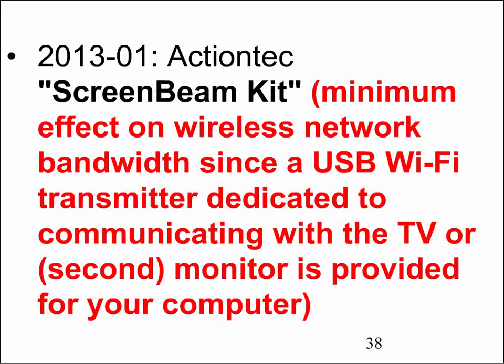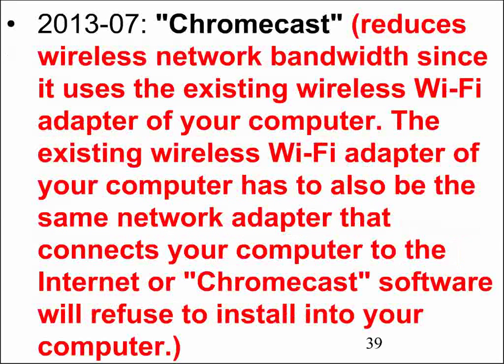The ScreenBeam kit uses Wi-Fi in a similar manner. So it uses up some of your bandwidth. It slows down your overall network in your home, which ultimately may or may not slow down your internet bandwidth. Chromecast reduces your network bandwidth significantly because not only does it use the same channels as Wi-Fi, it uses the same routers or extenders.